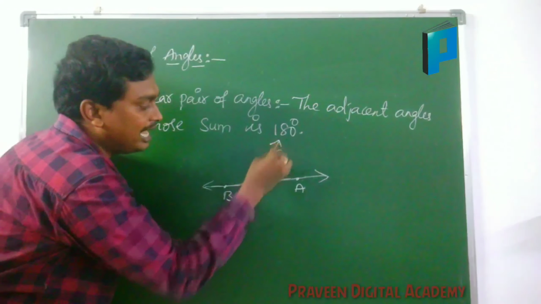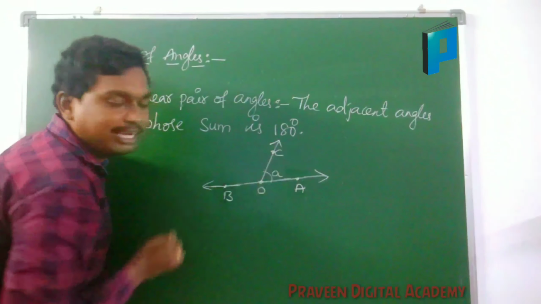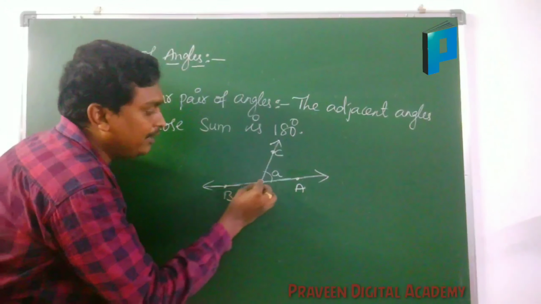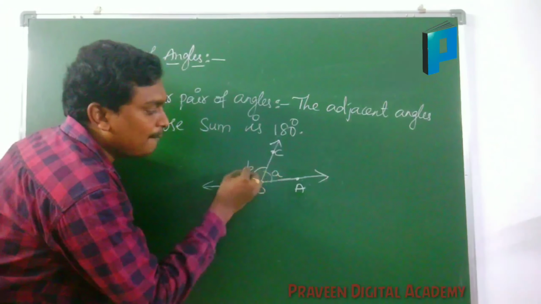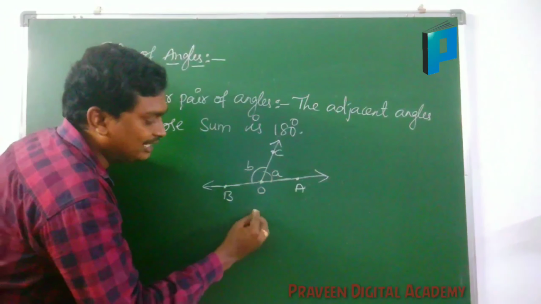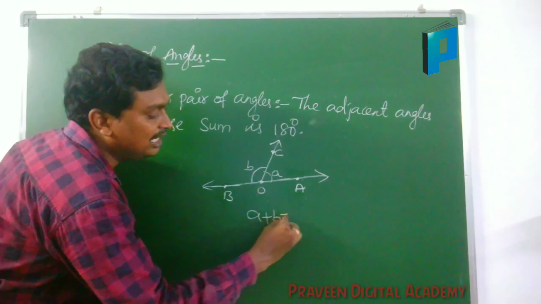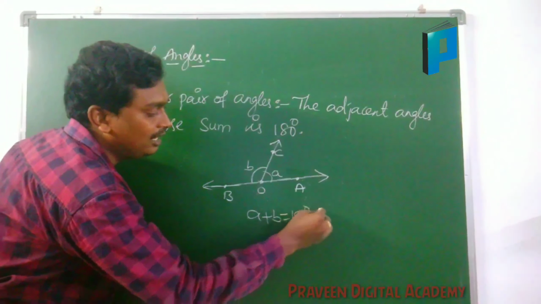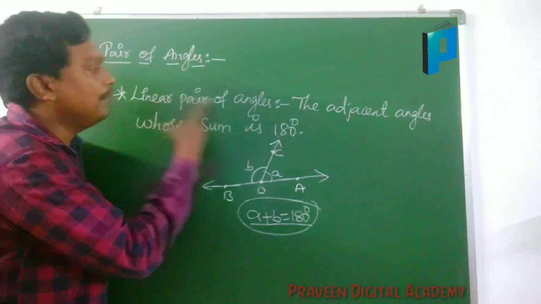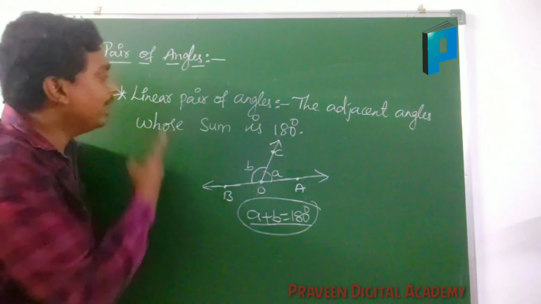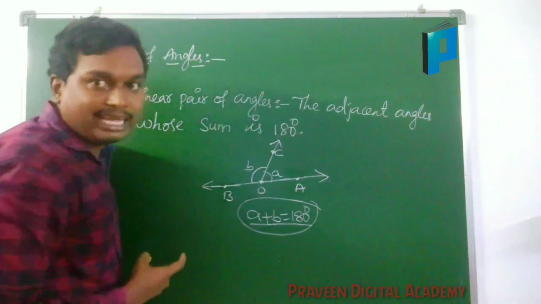Angle AOC I will take as a, and angle BOC is b. Here the sum of the two angles, a plus b, if you add, you get 180 degrees, then that type of adjacent angles are called a linear pair of angles.